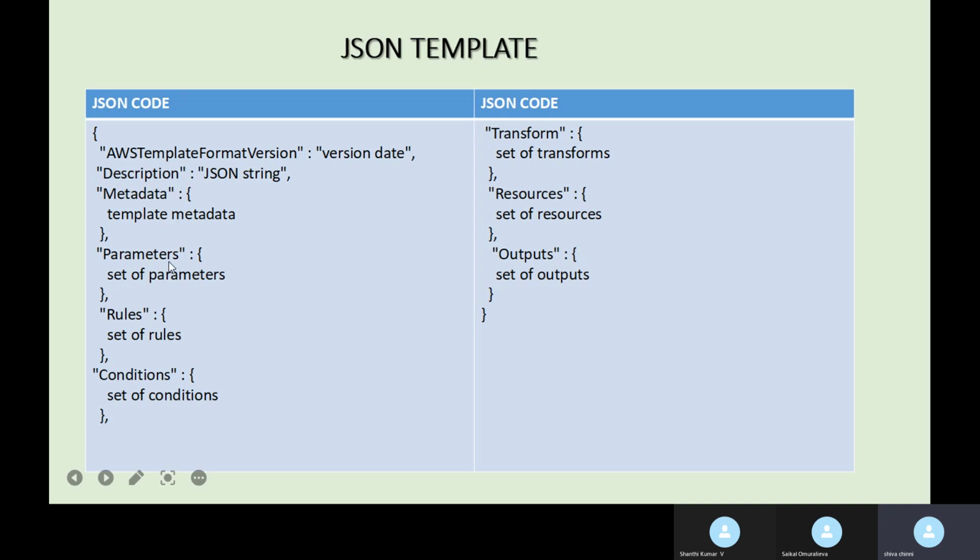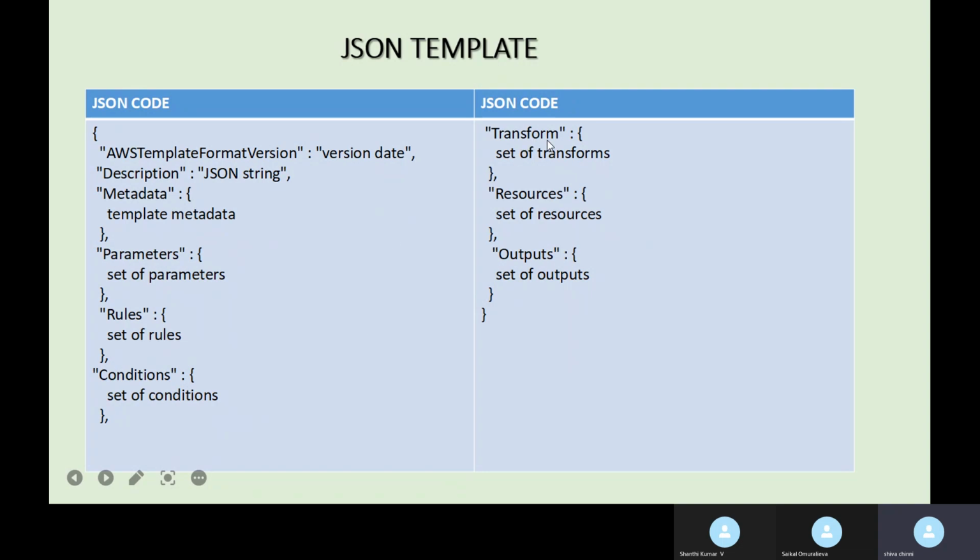The parameters section is a set of parameters which you need to give. And the rules are also part of this JSON template. If you want to mention some rules, depending on the rules it will execute this template. And also the conditions: if you want to give a particular condition, you need to give it under the conditions section.